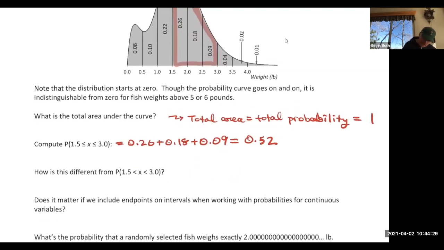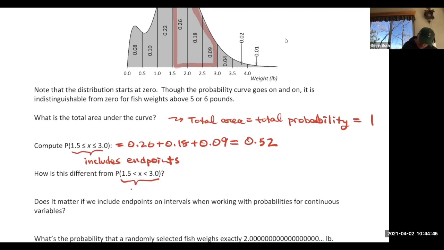Okay, so this one includes the endpoints. Okay, this one excludes the endpoints, but is otherwise the same question.